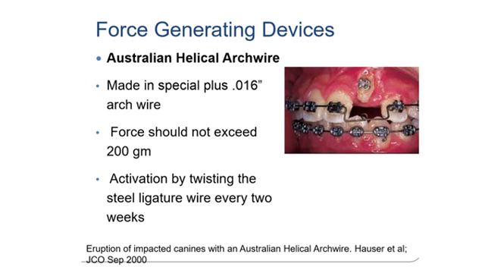Austrian helical arch wire made in special plus 0.16 inch arch wire. Force should not exceed 200 grams because it is an extrusion force, which is dangerous because it is rapid tooth movement. Activation is by twisting the steel ligature wire every 2 weeks to do extrusion.